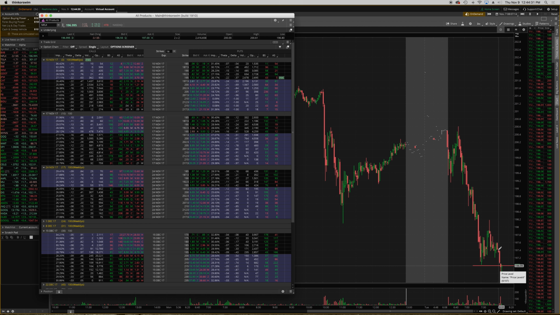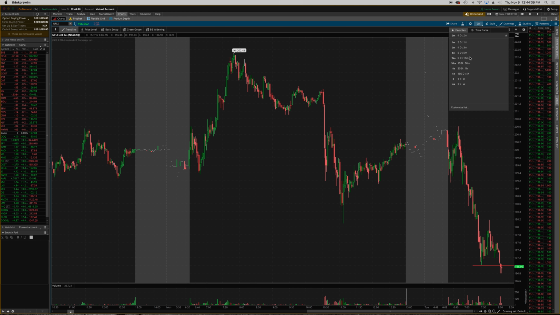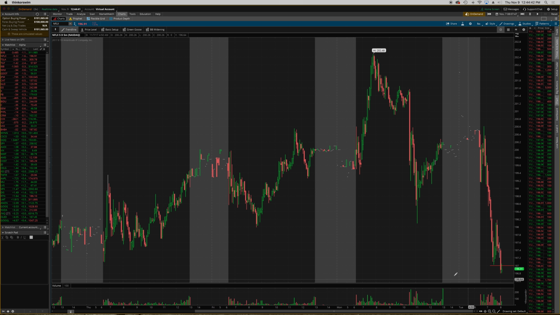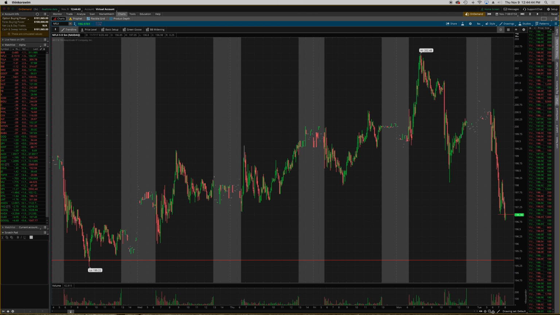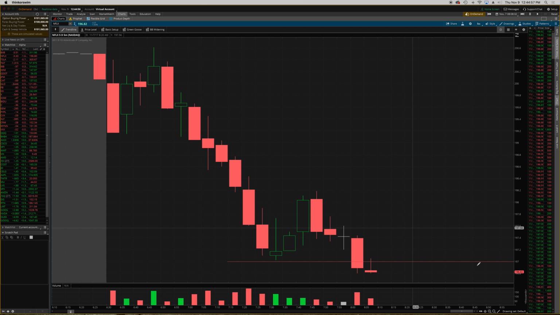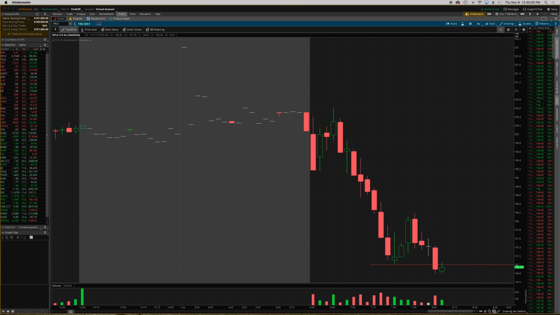You've got the flagpole here, this long pole, and then you've got your flag right here. Now again, this is upside down, but if it was right side up, you could imagine that as a flag.